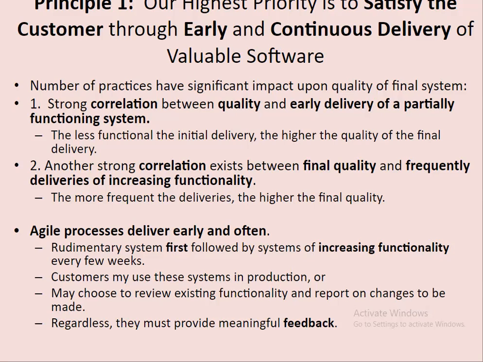A number of practices have significant impact on the quality of final systems. There is a strong correlation between quality and early delivery of a partially functioning system. The less functional the initial delivery, the higher the quality of the final delivery. Right? There is a correlation between quality and early delivery.